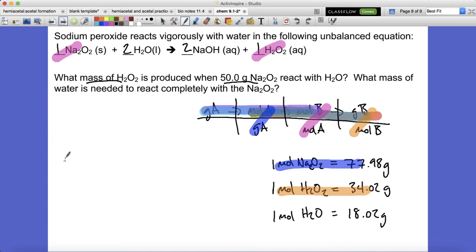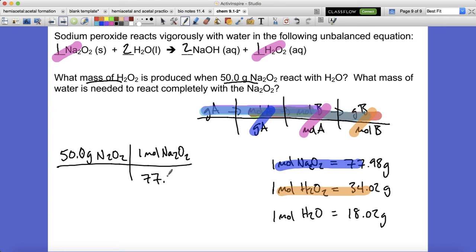So again, just start out with what you know, 50.0 grams of sodium peroxide, and you're going to change that grams into moles. So you use that molar mass. 1 mole of sodium peroxide is 77.98 grams.